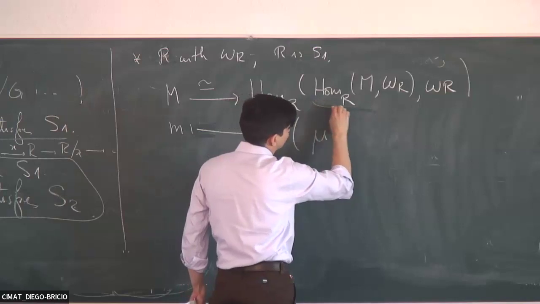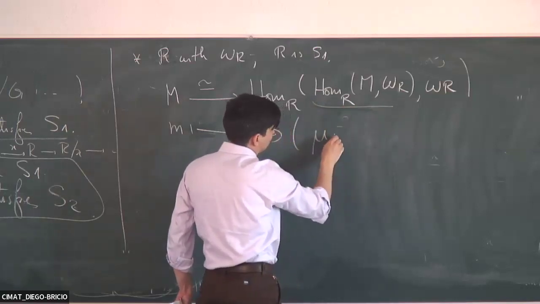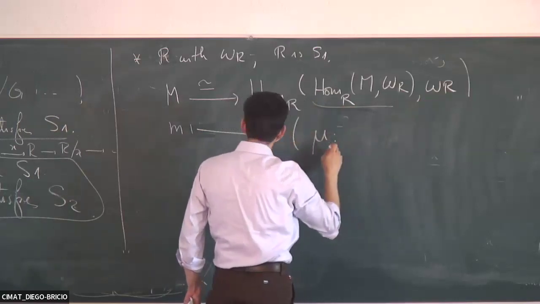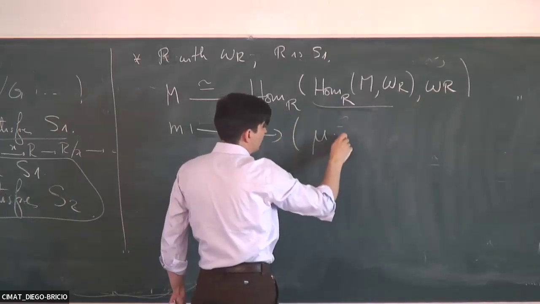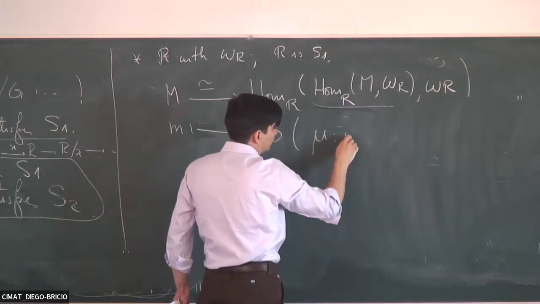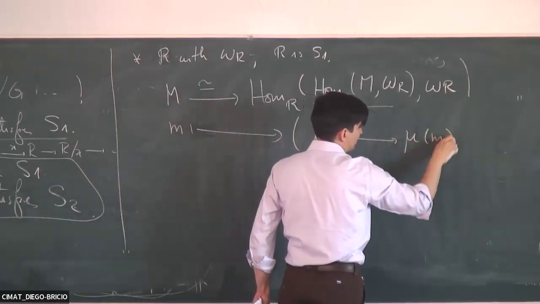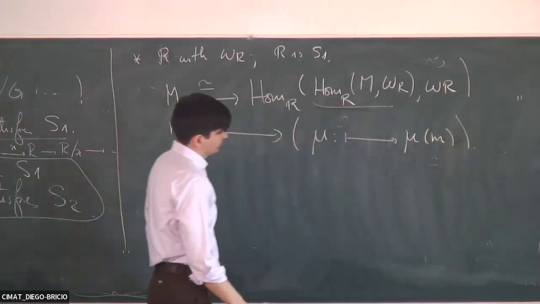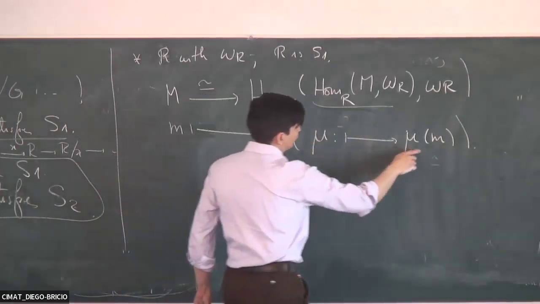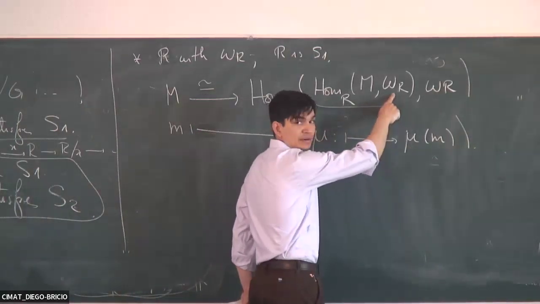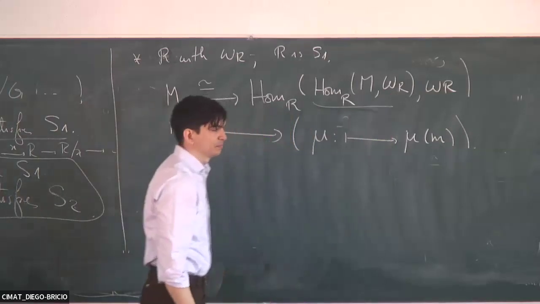Mu belongs here. So you have to send it somewhere in here. So where exactly? Well, this is going to go to mu evaluated at M, because mu of M is an element of omega R. It's just evaluation at M.